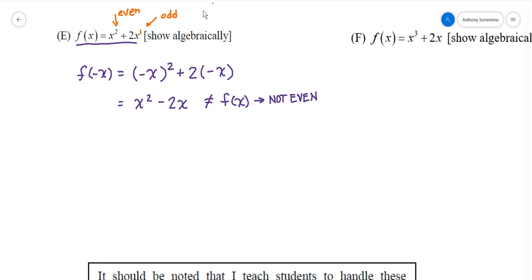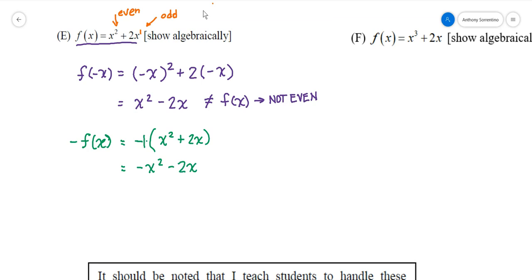In a very similar notion, I could do negative f of x. And we're going to get more into this noticing of what goes on inside parentheses versus what's going on outside parentheses. If I'm doing the opposite of f of x, I'm doing the opposite of this entire quantity, which is like having a negative 1 times that entire quantity. And when I do that, I get negative x squared minus 2x.